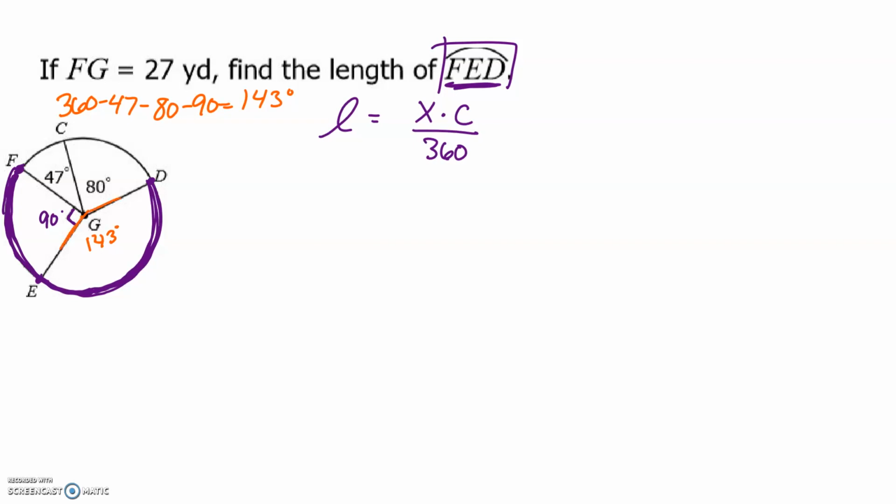Our central angle also equals the degree of the arc. This is 90. Whoop, that's outside of the filming zone. So if I know this is 90 degrees and this is 143, I can add those together and that gives me my inside measure, which is x.